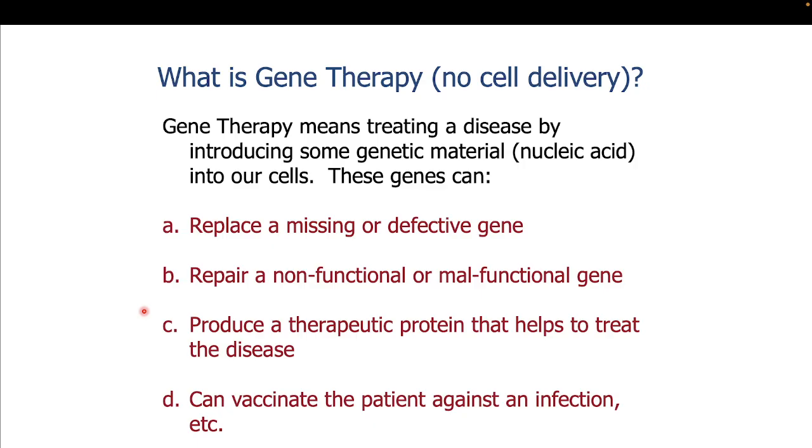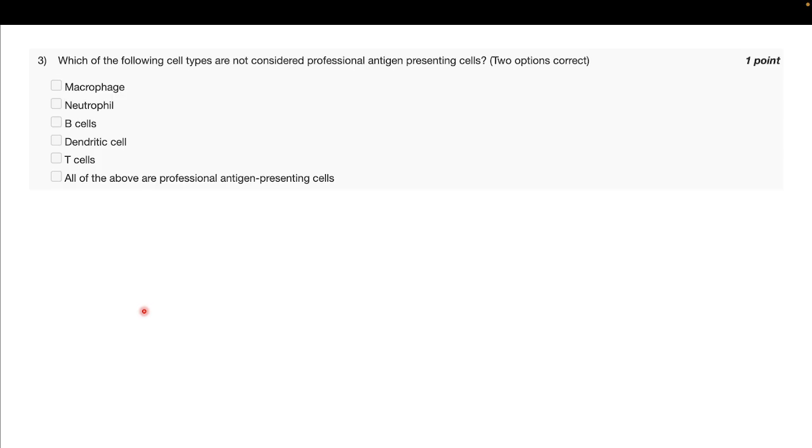Okay, let's look at the next question then. Next is, which of the following cell types are not considered professional antigen presenting cells, and we have to choose two correct options. So take your time in reading through the options, and if you know the answer, please let me know.